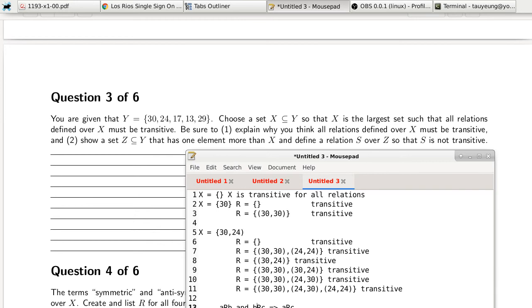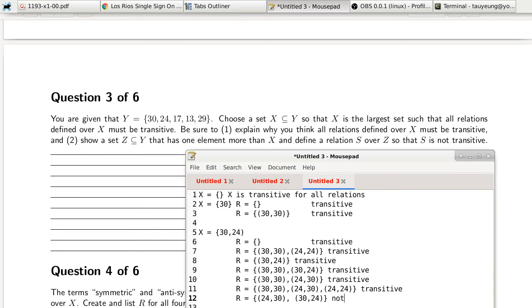Let me think about this. Actually, you can make it happen. Let me show you why it is possible. So you can have (24, 30) and (30, 24).